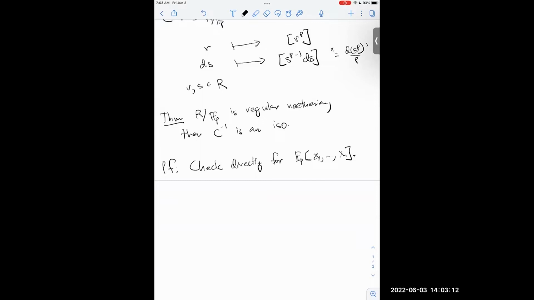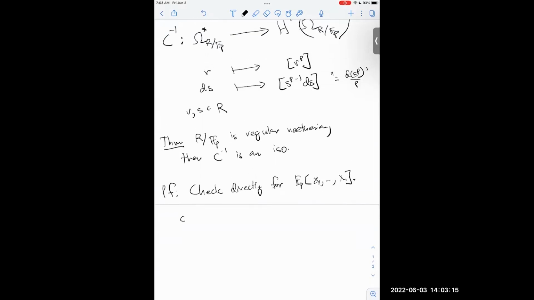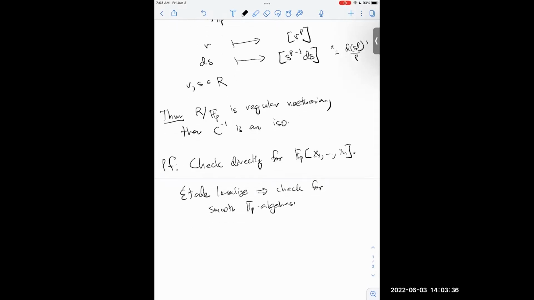And then you can observe that both sides étale localize, and then you deduce it for any smooth F_p algebra. And now, since R is regular over F_p, R is a filtered colimit of smooth F_p algebras by Popescu's theorem. And so then you can deduce C inverse is an isomorphism for R.